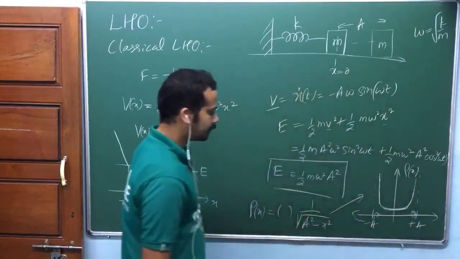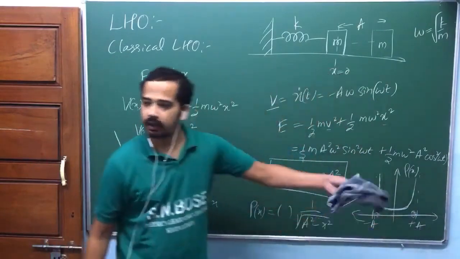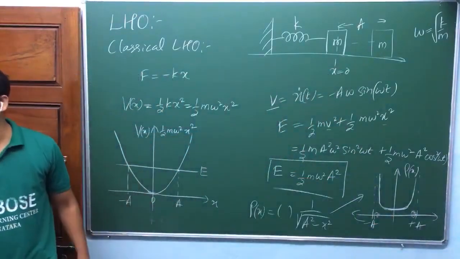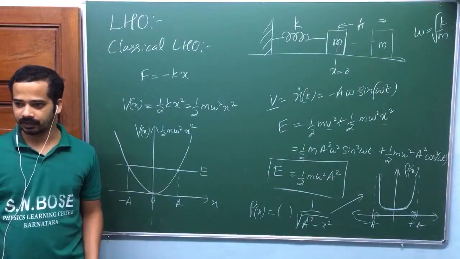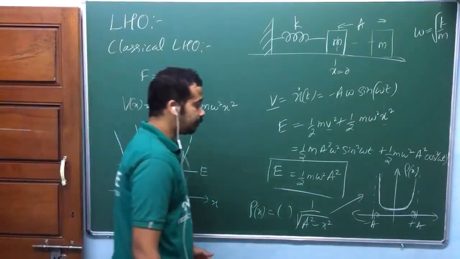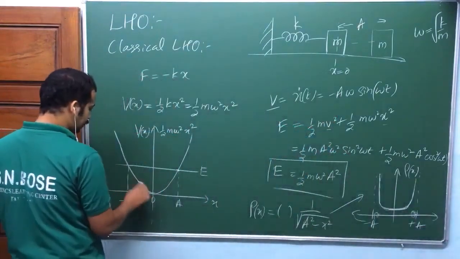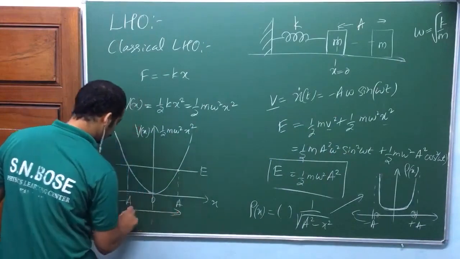Your probability density is maximum there and minimum at the mean position. Quantum mechanically, in the ground state, exactly the reverse will happen, you will see. It is a Gaussian function. And one more thing is, quantum mechanically, the particle can exist outside this region. We call this region the classically allowed region.